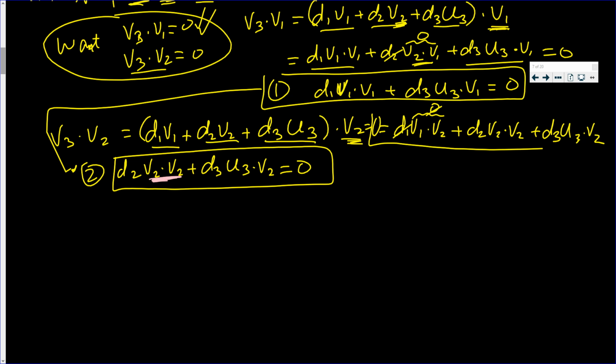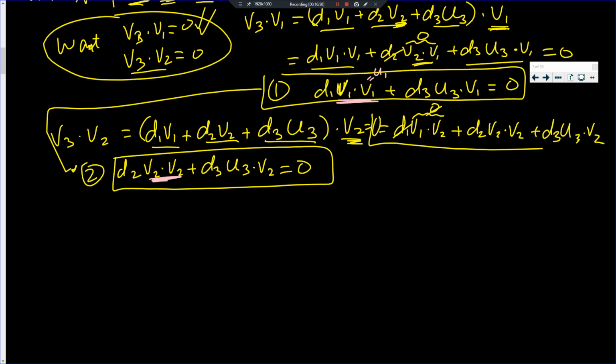And I also know that V1 dot V1 is not 0 because V1 is really U1. If you dot U1 with itself, you won't get 0, because the only way you get 0 is if U1 is 0, and U1 is in a basis for W, hence U1 cannot be 0. Which means V1 is not 0.